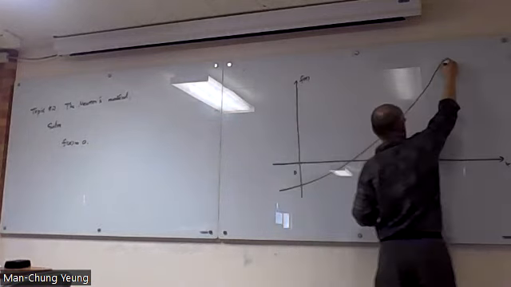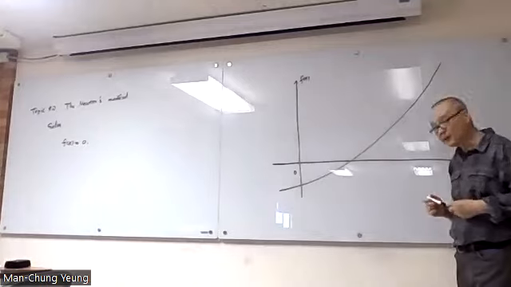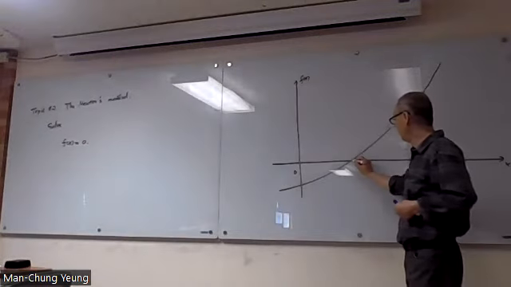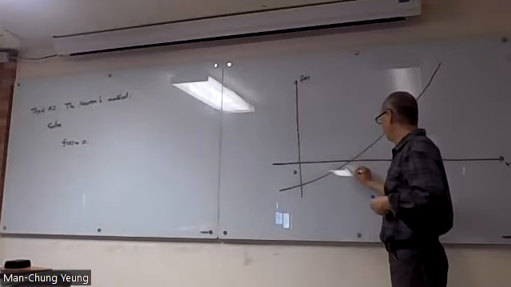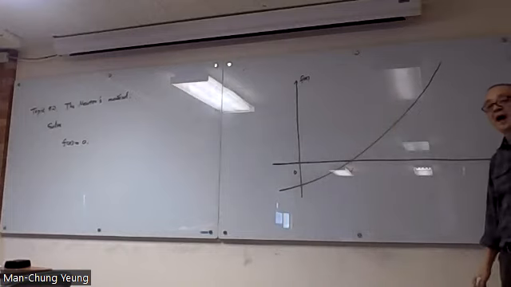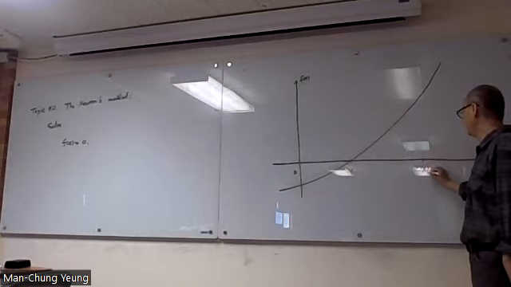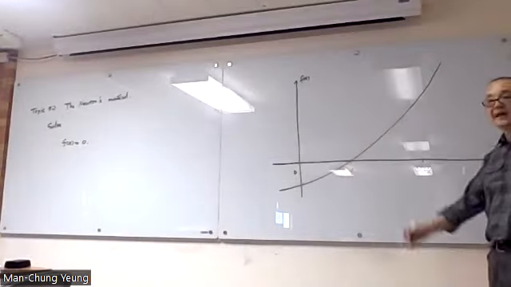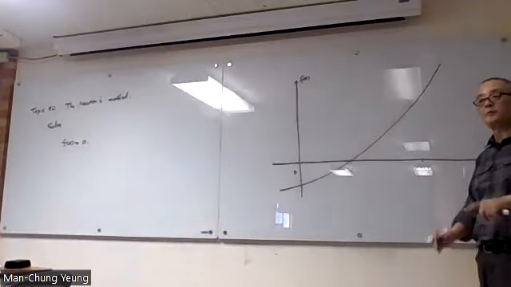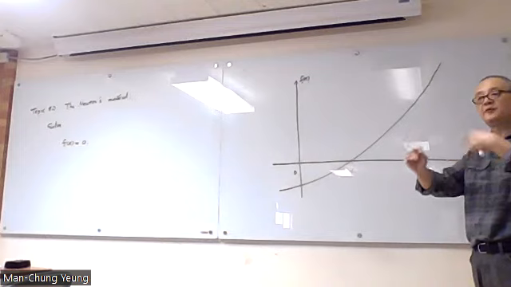The graph of the function is f(x). The root is here. Suppose we have obtained xk, starting from x0, then we get x1, x2, x3.